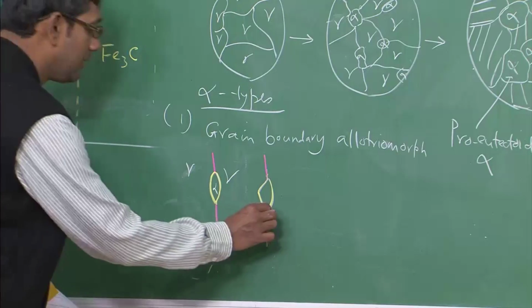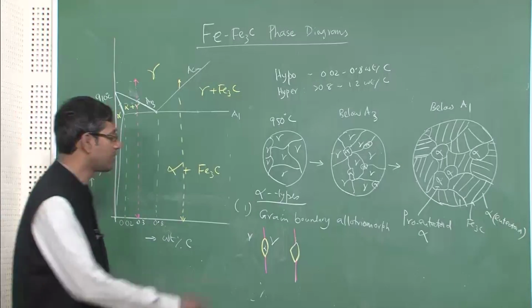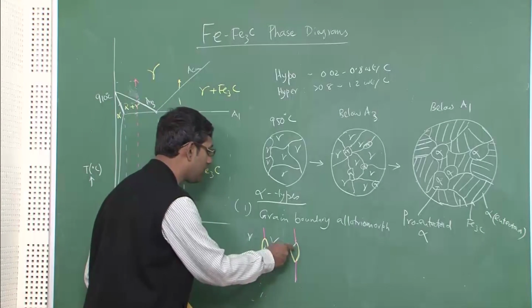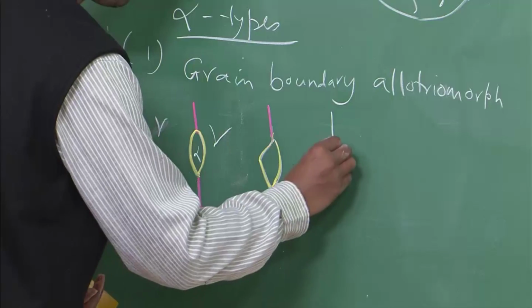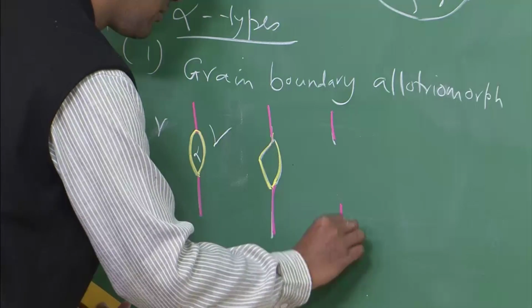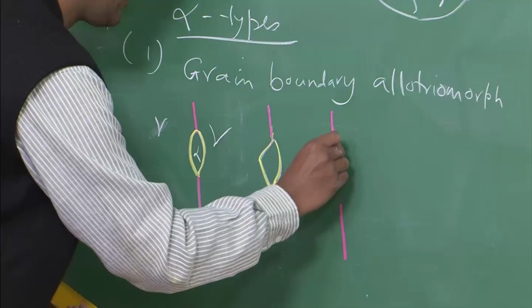Why? Because it has an orientation relationship, it will try to keep that interface fixed, and not disturb that. So, that is why it will look faceted. The same thing can happen on both sides also.